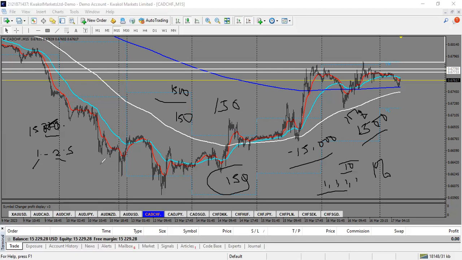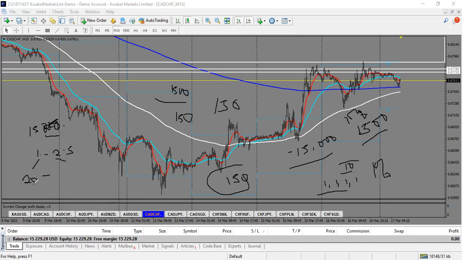Now let us bring it into the perspective of pips first. If I'm using a stop loss of 20 pips, we're still going to talk about the stop loss later, that means I can afford to lose 20 pips, and then my possibility of making profit at minimum should be around 2.5 times.